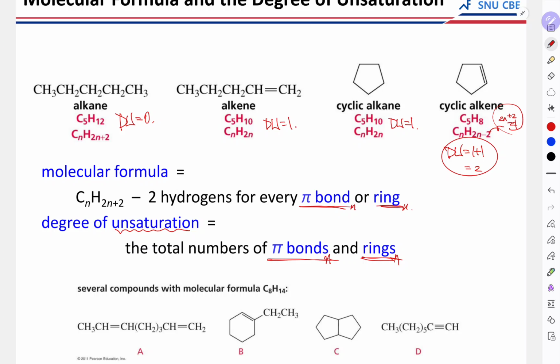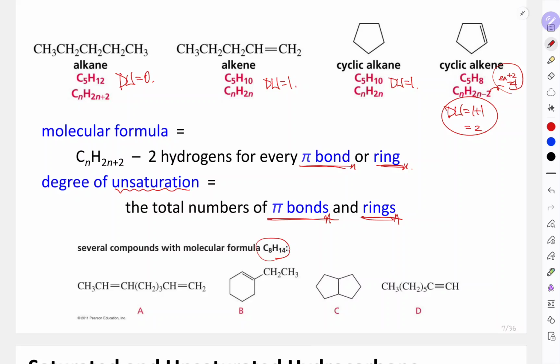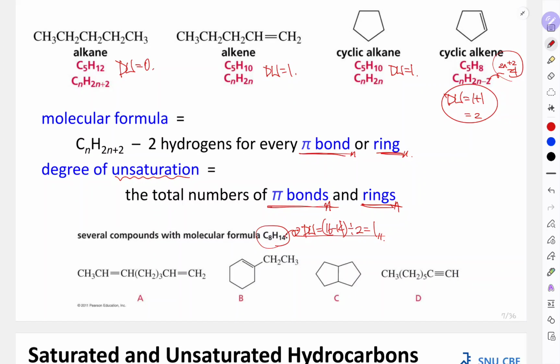And then you can think about this case, C8H14. You can first compute the number of hydrogen that will give you the saturated form, with simple math: 2n plus 2 will give you 18. But you have 14, that means DU has to be 2.